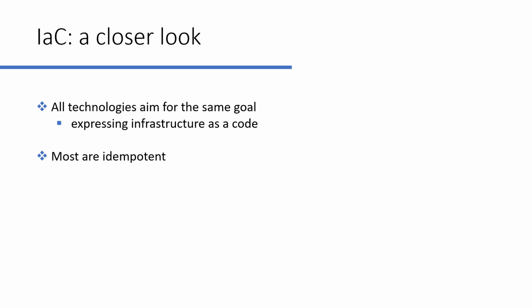So I have to structure my code in a defensive way. What does it mean? It means that I simply have to check for the existence of this resource prior to creating it.